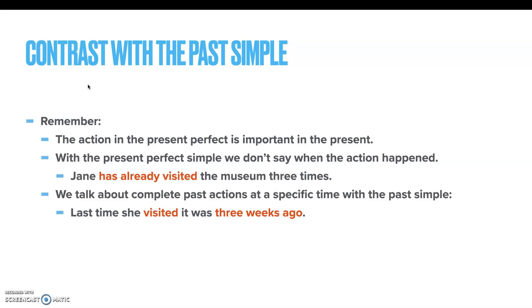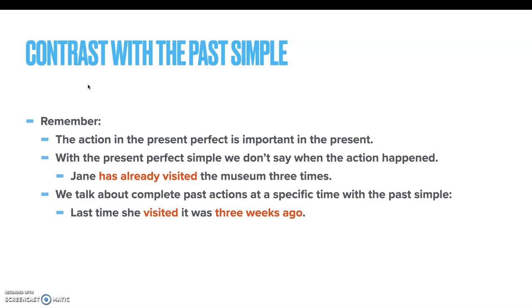In contrast, we use the past simple for complete actions in the past, which happened at a specific time. For example, last time she visited it was 3 weeks ago. La última vez que ella lo visitó fue hace 3 semanas.